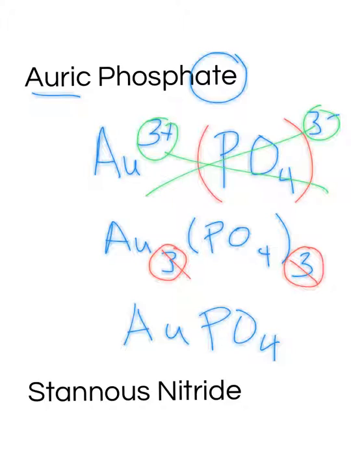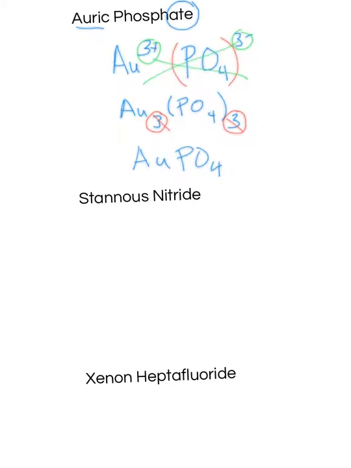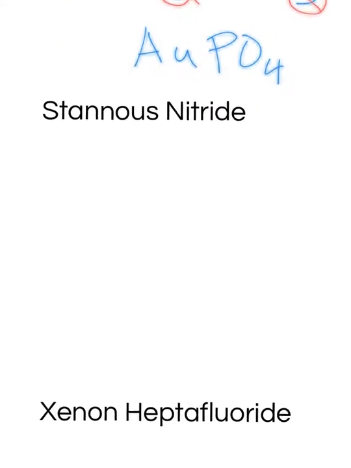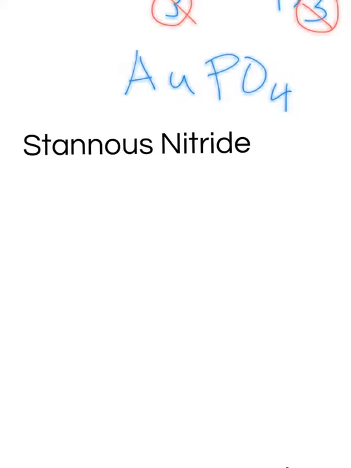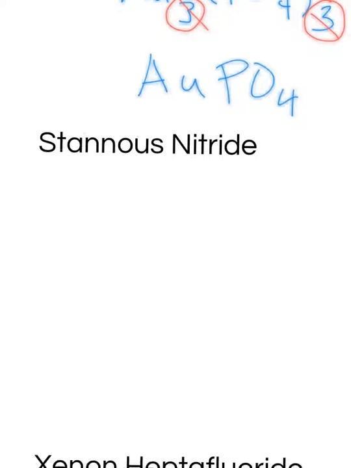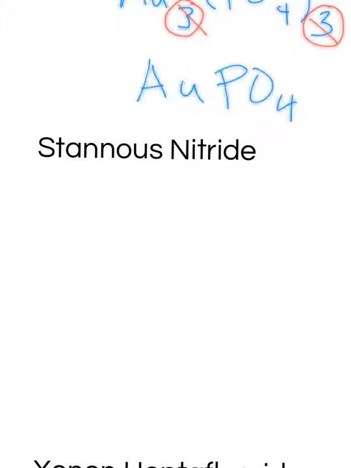All right, next and final example. Oh, nope, sorry about that. One more example after this. To finish off, stannous nitride. All right, so again, I have a Latin name here, and the ous ending tells me it's the lower of the 2 possible charges for my metal.